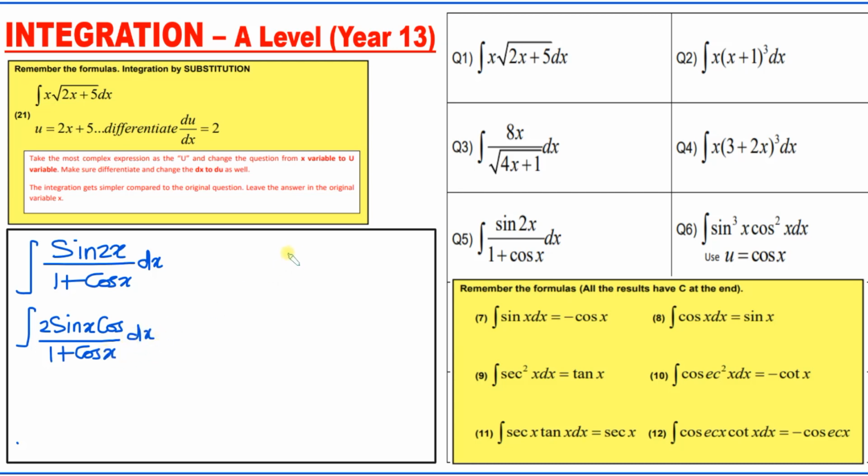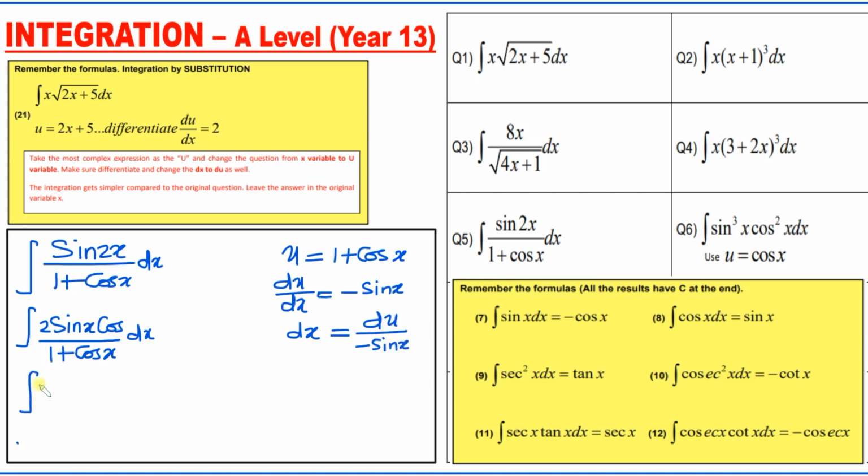Now I'm going to take u as 1 plus cos x. So du over dx, what will happen? Differentiating cos x gives minus sine x. Now I'm going to make dx the subject, which is du over minus sine x, right?